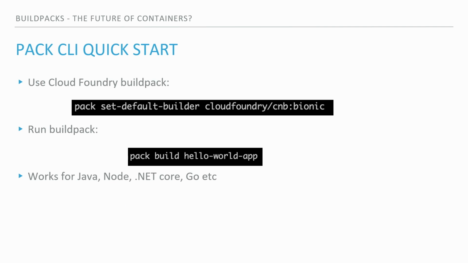If you do have your own requirements, you can build your own. I've attached a link here as well with extensive documentation. If you do want to get started as well, first of all, you just set your default builder, in this case Cloud Foundry, and then you can just run pack build to build your app, and this will work with all main languages, so Java, .NET, JavaScript, Go, etc.